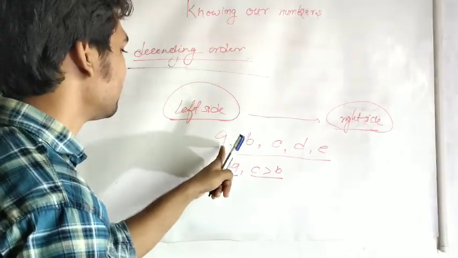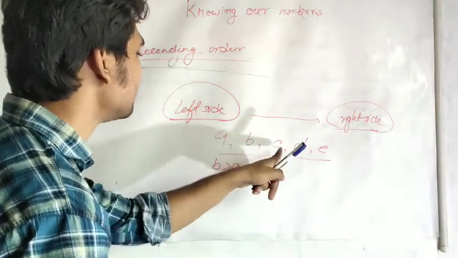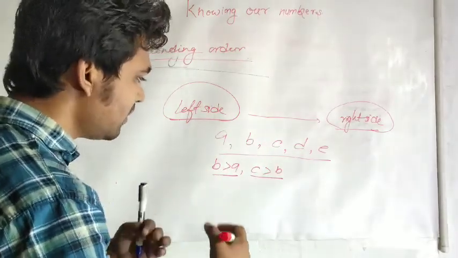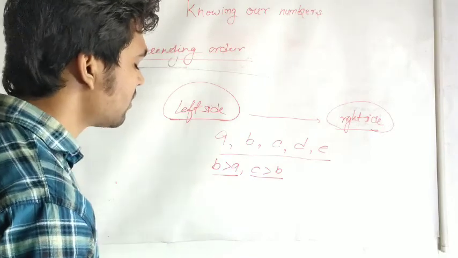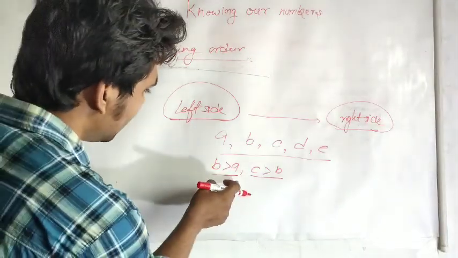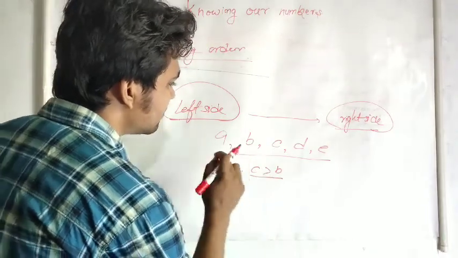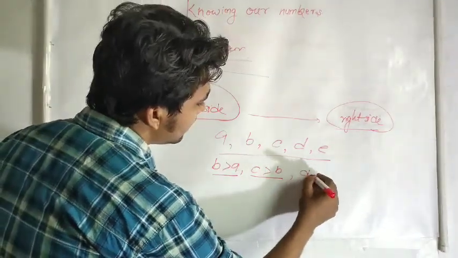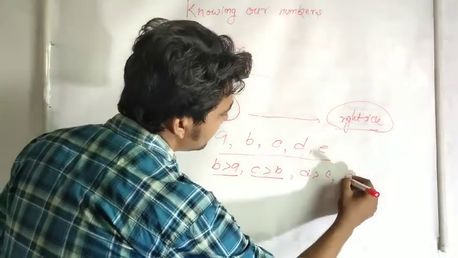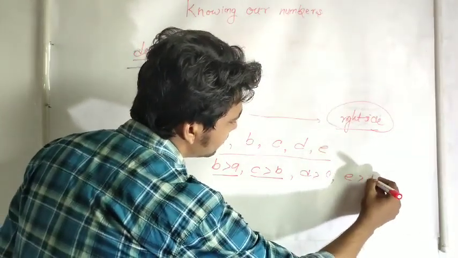We do not know whether B is greater than A or C is greater than B, but we are taking the numbers voluntarily in such a manner that B is greater than A, C is greater than B, D is greater than C and E is greater than D.